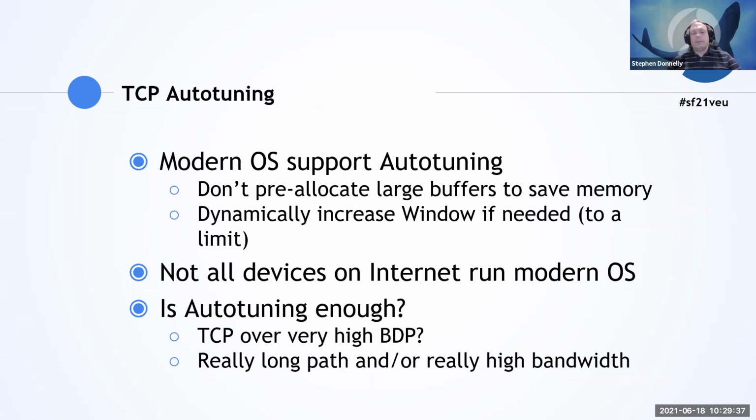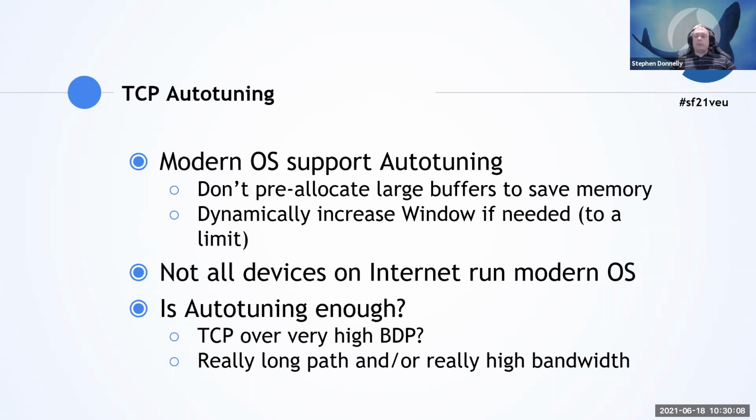And also, if your path happens to be either very high bandwidth or very long physically, like the one we talked about, then the auto-tuning might not scale high enough. I think Windows will auto-tune up to about 16 megabytes, and Linux, I think by default, tunes up to about 4 megabytes. Both of those values are not high enough to give us our 1 gigabit per second TCP connection between New Zealand and Europe, for example.